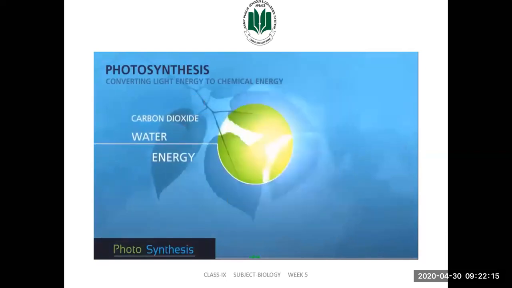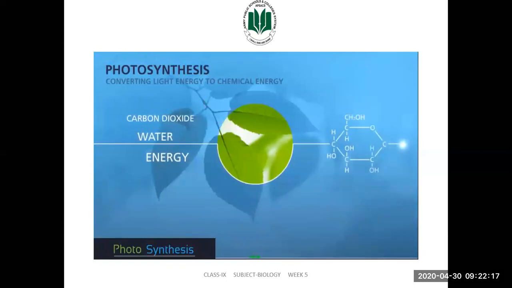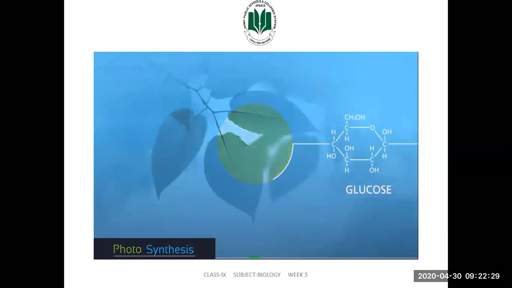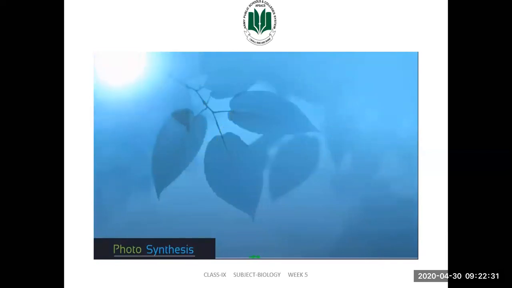The chemical process by which plants use these resources to manufacture glucose, the building blocks of plants, is called photosynthesis. In the process, oxygen gas is produced as a byproduct. The energy for photosynthesis originates in the sun and arrives at the earth as sunlight.